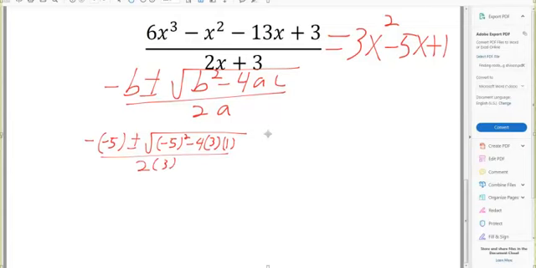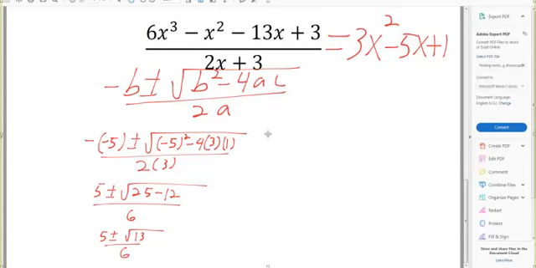And so from here, all we have to do is work it out. So we have 5 plus or minus the root of 25 minus 12 over 6. And so simplify it a little bit more. We have 5 plus or minus the root of 13 over 6.